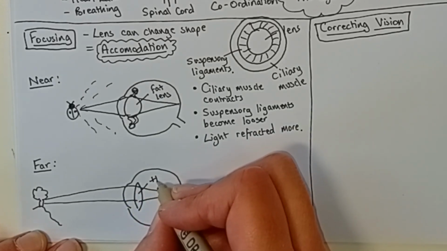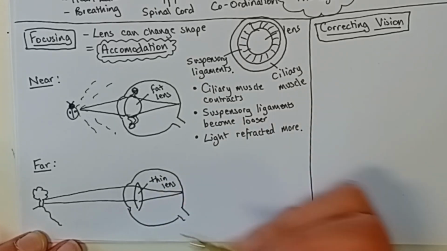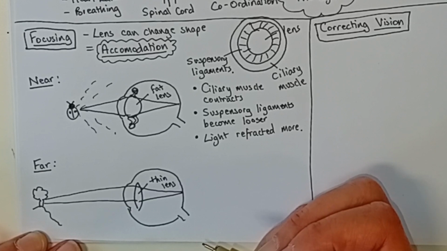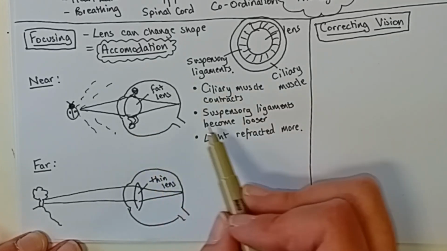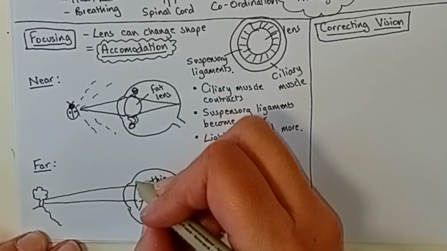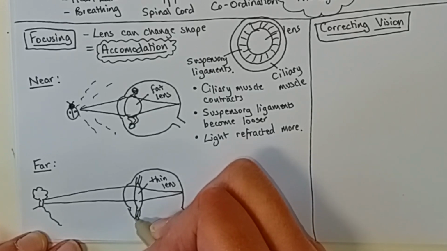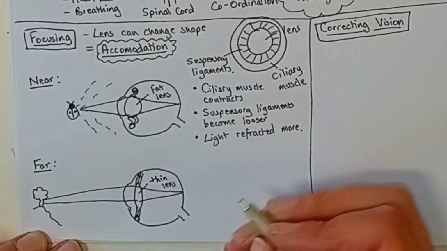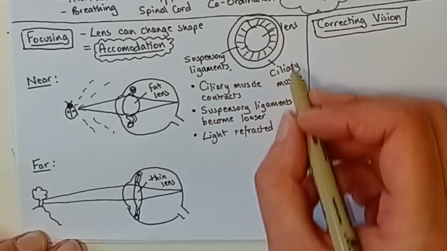So we need a thin lens. And just like for the fat lens, the suspensory ligaments need to be loose, for a thin lens, those suspensory ligaments need to be pulling tight. So the ciliary muscle needs to be relaxed because it needs to be big.